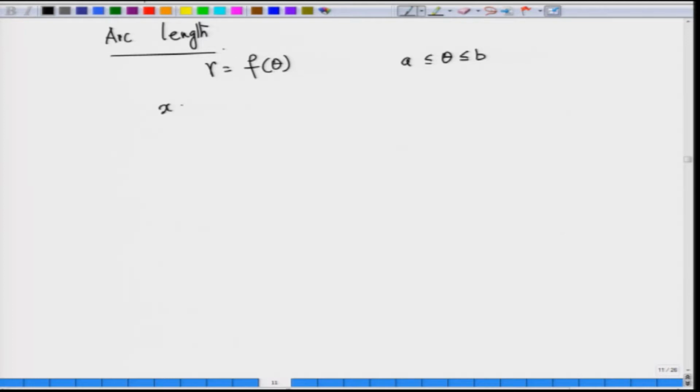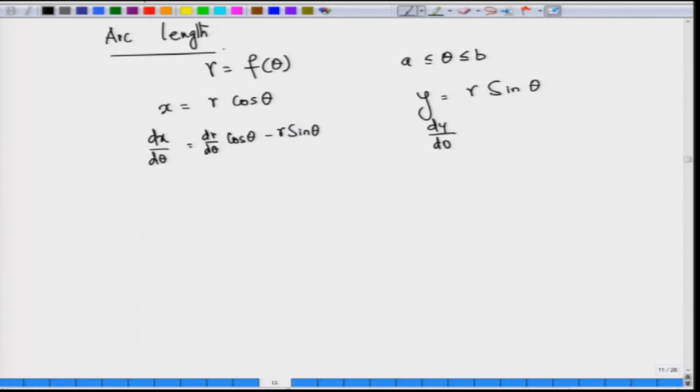So here x is equal to r cos theta and y is equal to r sin theta. Therefore, dx by d theta is equal to dr by d theta cos theta minus r sin theta, and dy by d theta is equal to dr by d theta sin theta plus r cos theta.